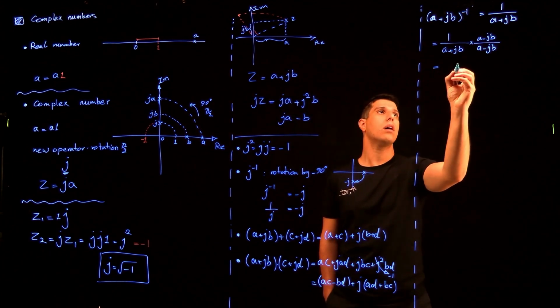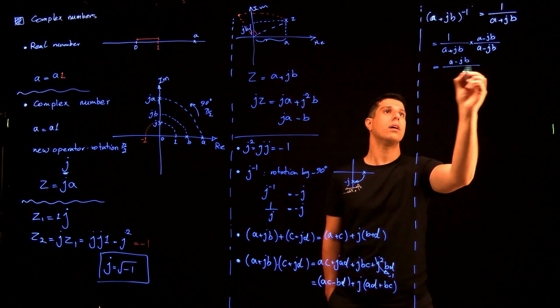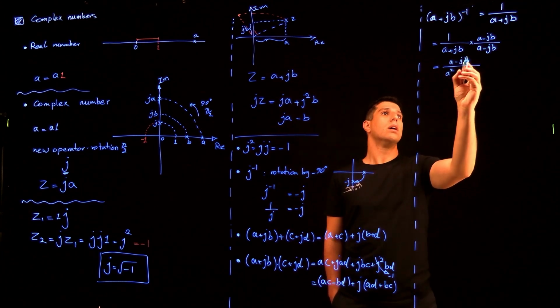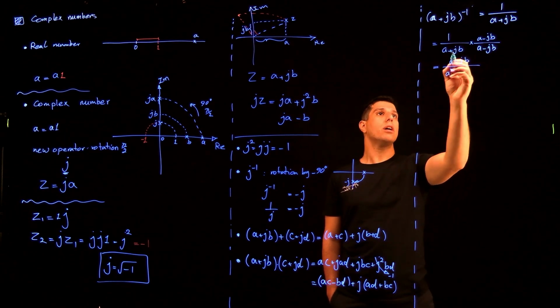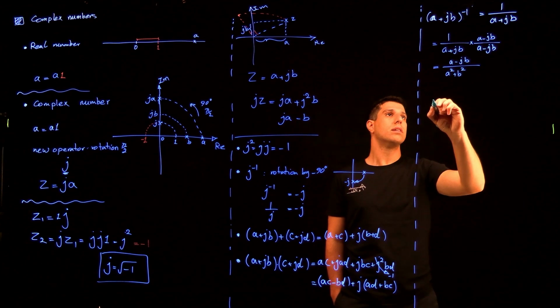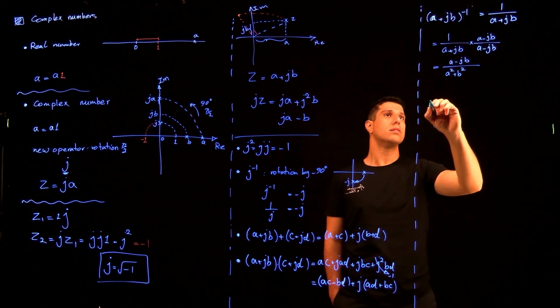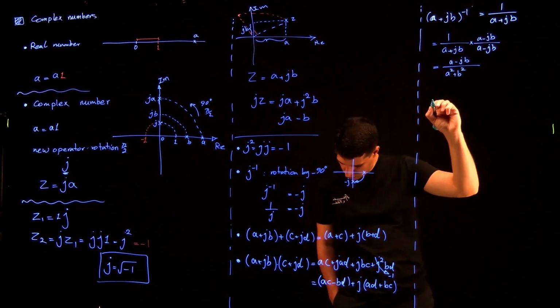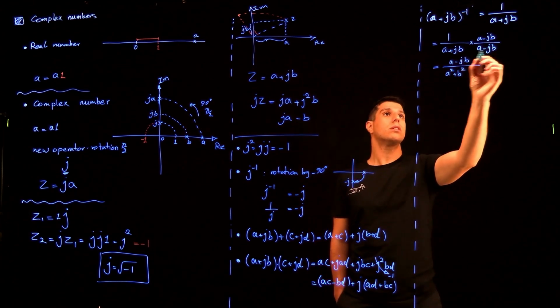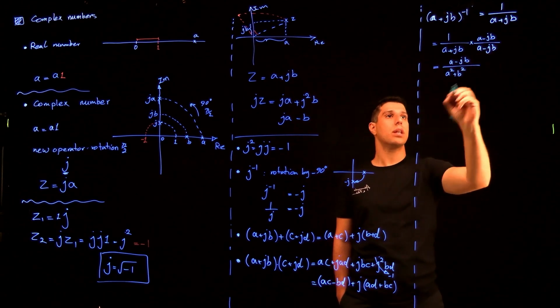Here I will have on the top A minus JB. On the bottom I have A squared plus B squared, because J times J is minus 1, that cancels with that.